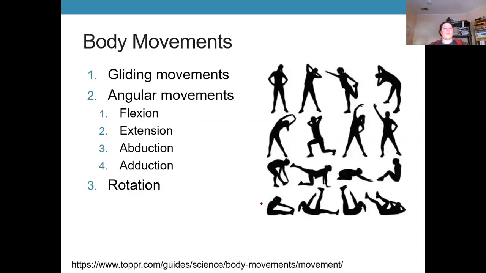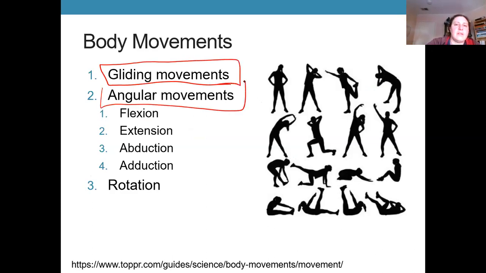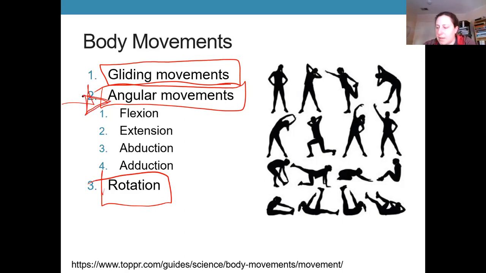And the other types. We can split them up basically based on the plane of movement. So gliding movement, angular movement, and then rotation. You can see these are the ones where we're actually moving within a plane, the other two are not.